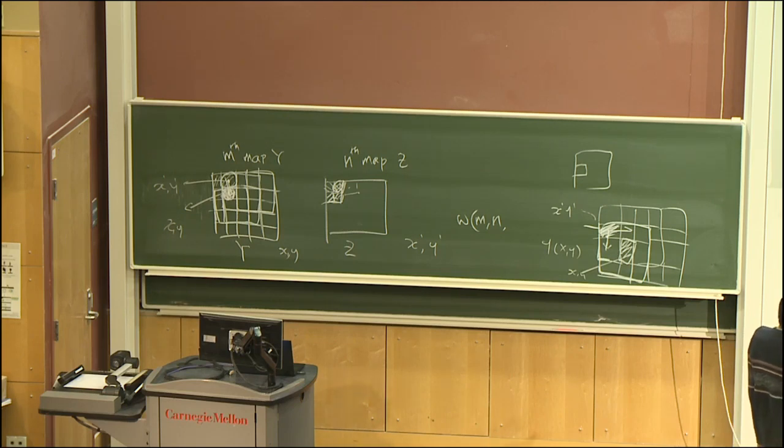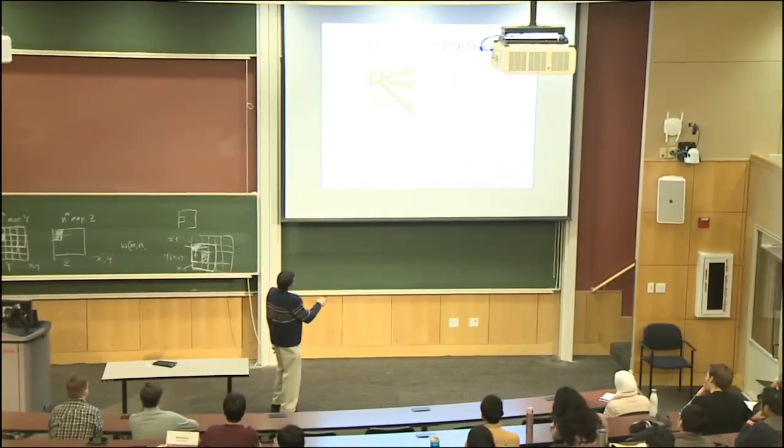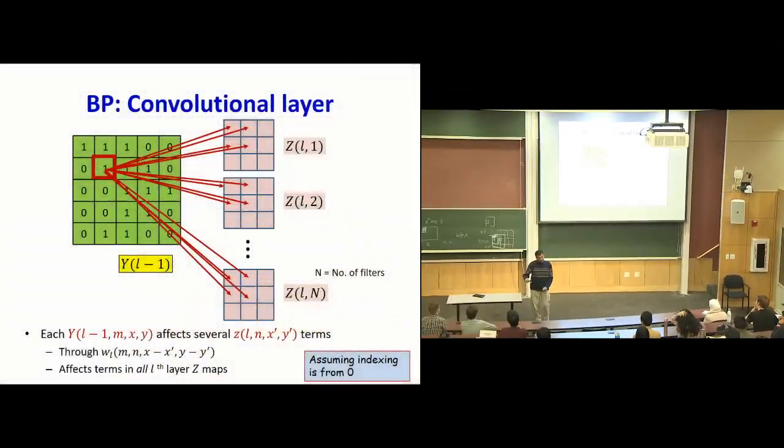The weights connect the y map in the mth layer to the z map in the nth layer, so you have the index mn, and the positional index is going to be x minus x prime and y minus y prime, right? That is the weight value with which any given y influences any given z. Now this is going to be key. It's not very complicated, but it's something that you have to remember, okay?